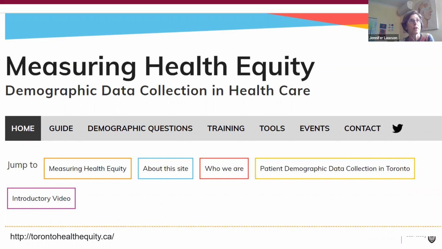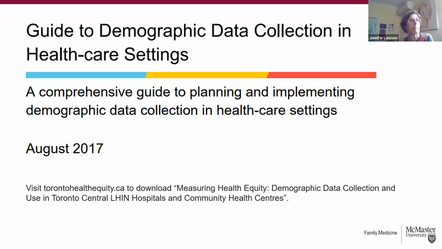This continues to support health equity data collection, producing guides and tools and considerable support to those engaging in this work. The group also posts publicly available tools, and for instance, this one is a guide to healthcare organizations explaining the process of planning and implementing socio-demographic data collection.